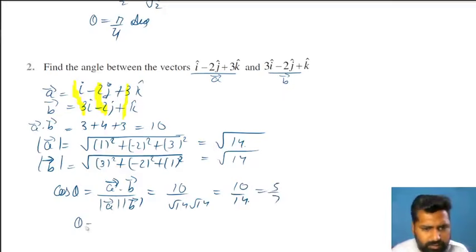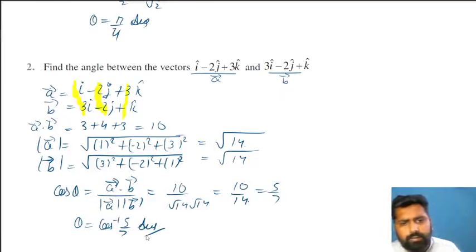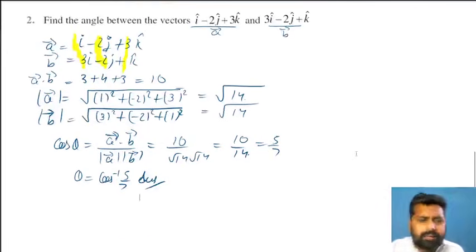So theta is equal to cos inverse 5/7, and that's it. Not necessarily every time you will be able to solve it. Sometimes you have to give your answer in terms of cos inverse. So cos theta is 5/7, so theta is cos inverse 5/7.